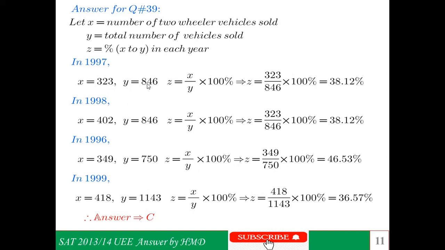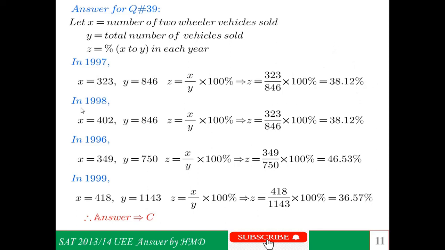This means the total number of vehicles sold in 1997 is 846. So Z is equal to x over y times 100%, the percentage of x to y. So Z is equal to 323 over 846 times 100%, and it becomes 38.12%.